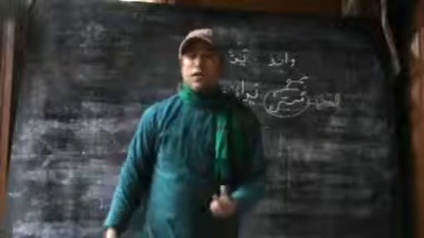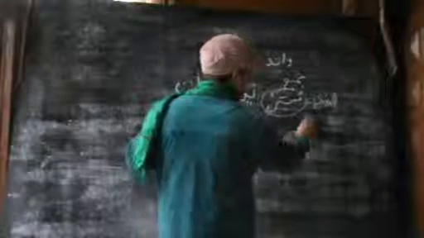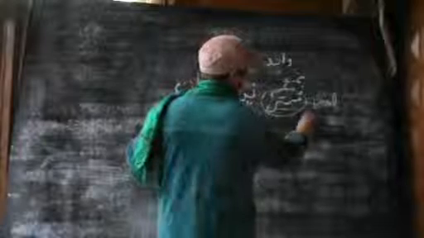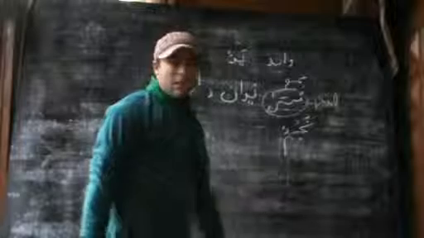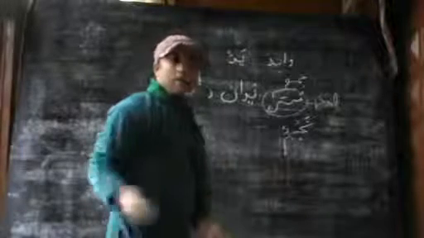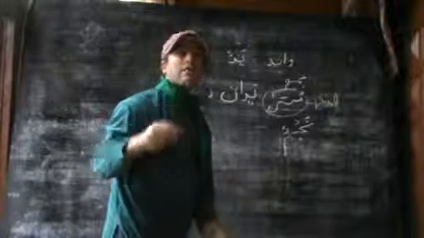So this was about hand. Now can you give some more examples? Yes, we have an example. If we talk about a star in the sky, we have the word najmun, which means star. How can we say two stars?